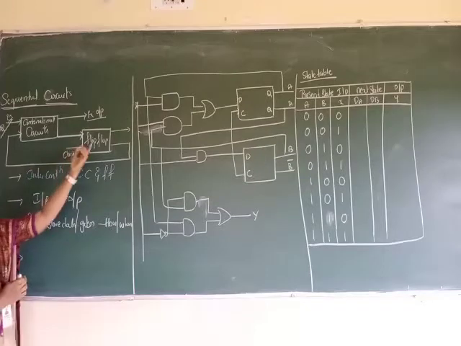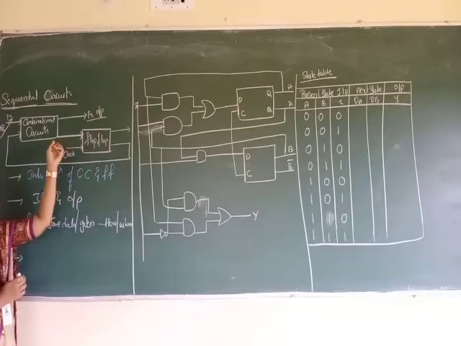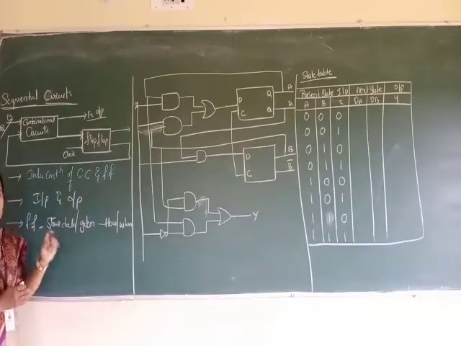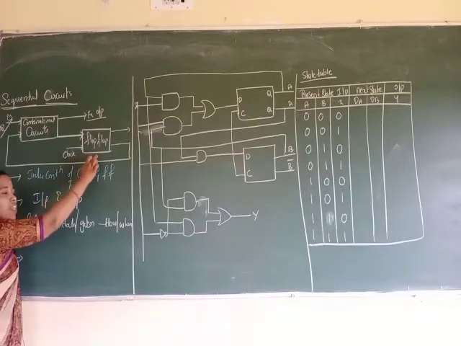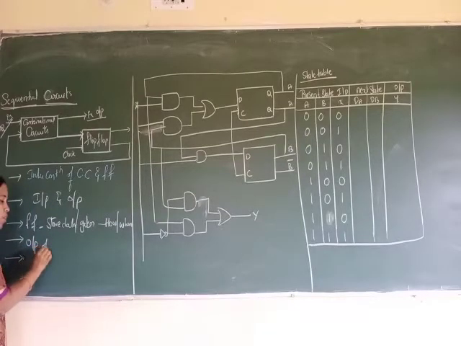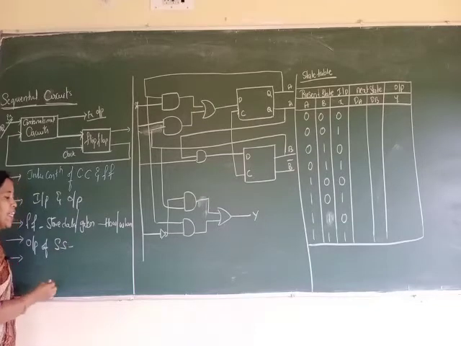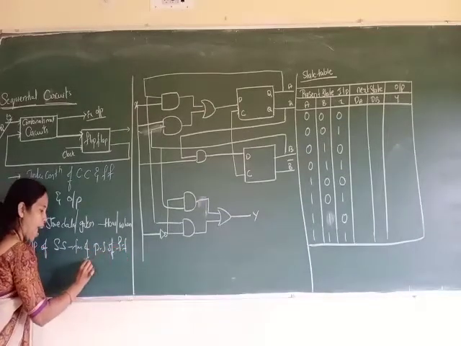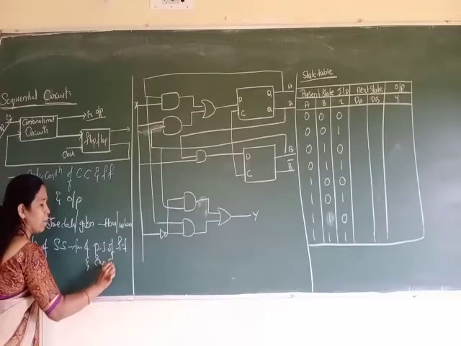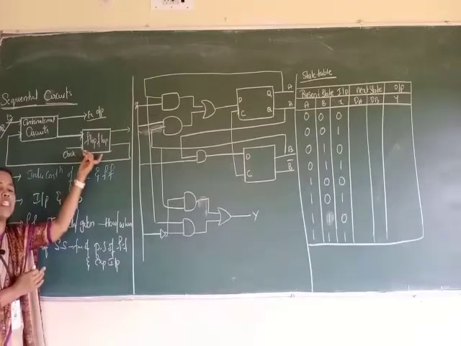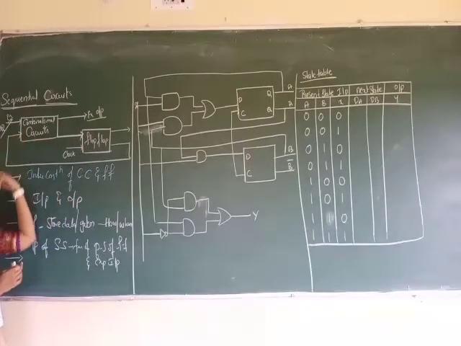The output of the sequential circuit is a function of the present state of the flip-flop as well as the external input. So how do we get the output? The output is generated with the combination of the present state of the flip-flop and the external input.